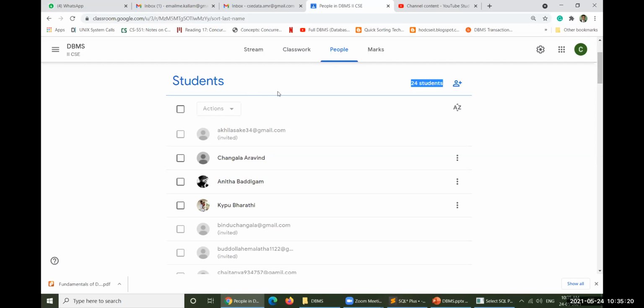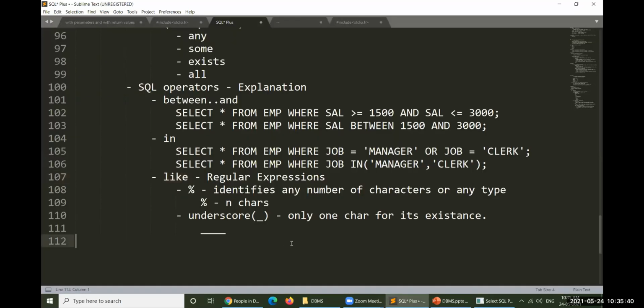So tomorrow I shall give you one assignment. And before that, you have to load one particular application into your mobile phones. That application name is SQL Compiler.